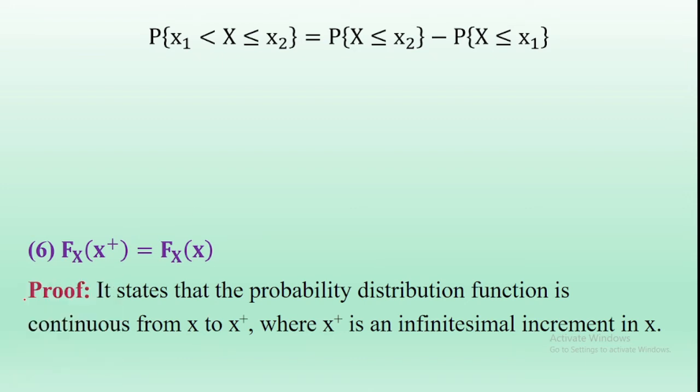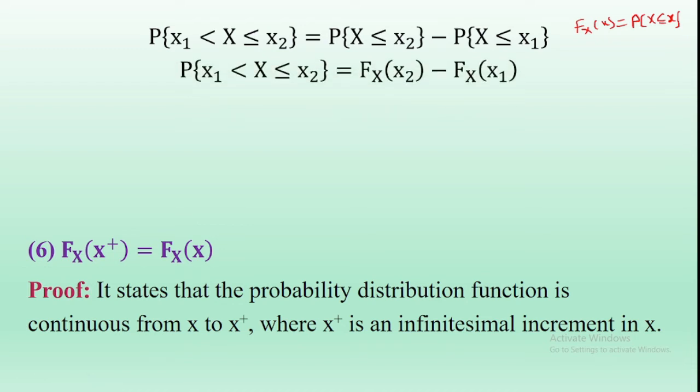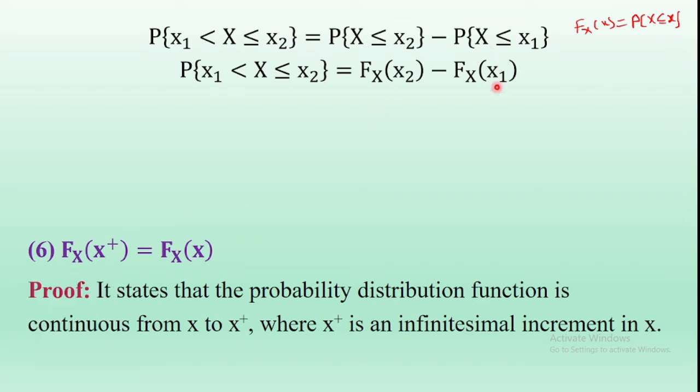Fx of x is equal to probability of X less than or equal to x. This is the mathematical expression of the cumulative distribution function. Using this definition, probability of X less than or equal to x2 is Fx of x2, and probability of X less than or equal to x1 is Fx of x1.